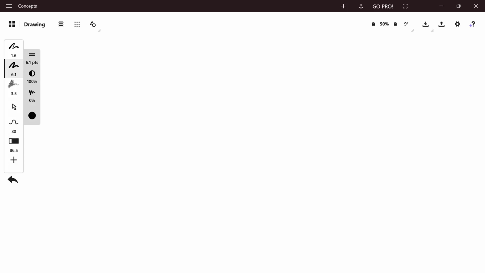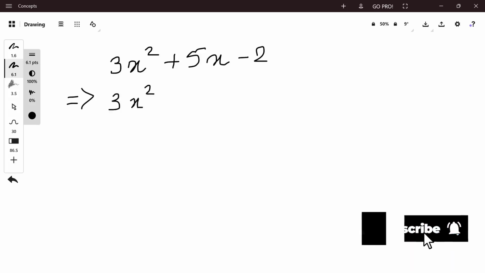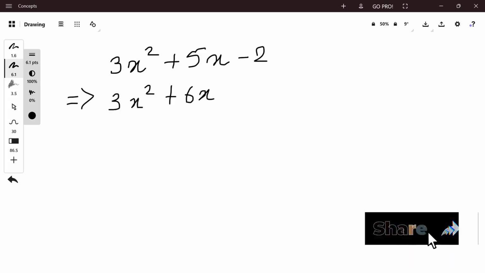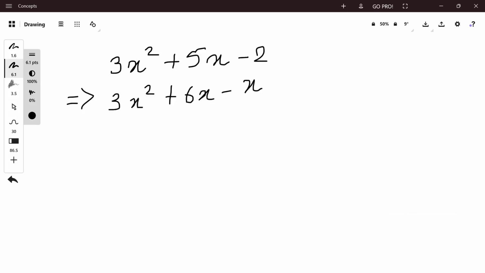Rewriting 5x as 6x minus 1x, that is 3x square plus 5x minus 2 as 3x square plus 6x minus x minus 2.